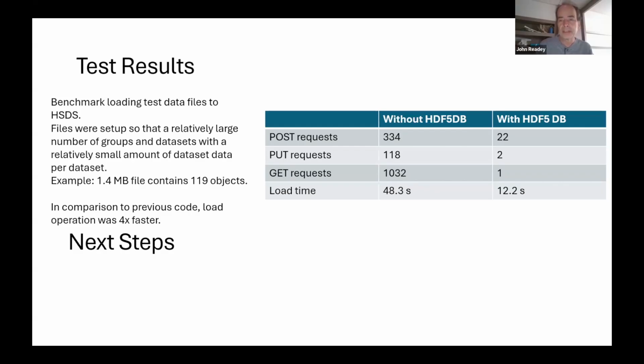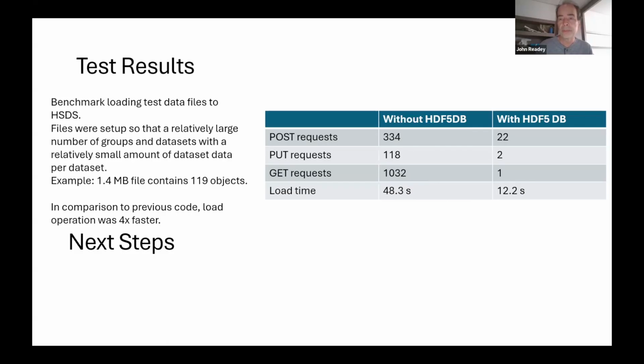Without HDFDB, I summarized the number of HTTP requests: 334 POST requests, 118 PUT requests, 1,032 GET requests, and it took a total time of 48 seconds. So imagine 48 seconds to transcribe what's basically a very small file.